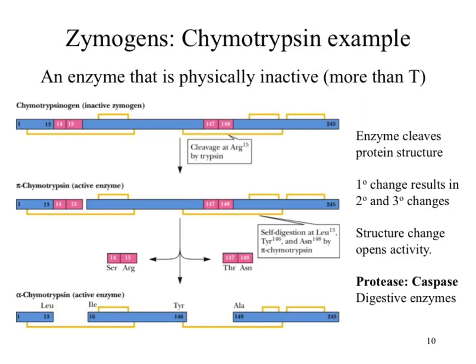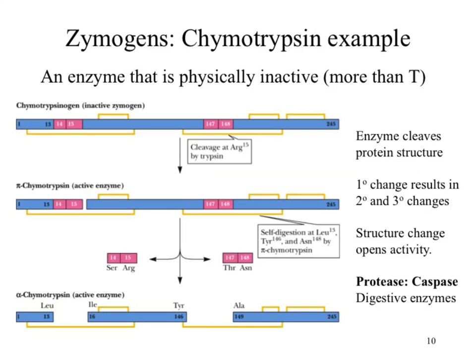Are you looking at three different enzymes at this point? Or are these all the same enzyme? Okay, so all we're looking at in this case is technically the primary structure. That blue bar is supposed to represent all the amino acids in that sequence. In the very first step, trypsin comes through and cleaves the primary structure.